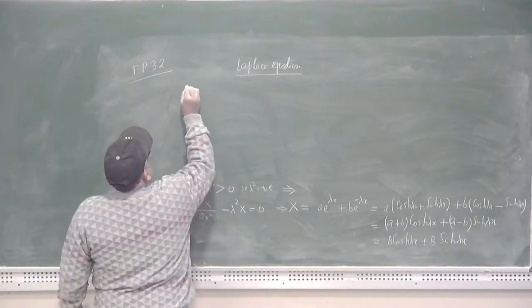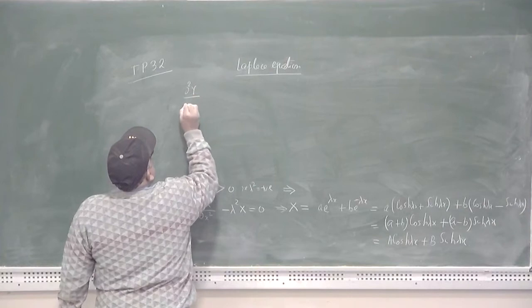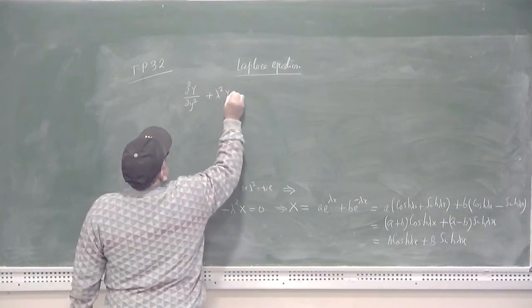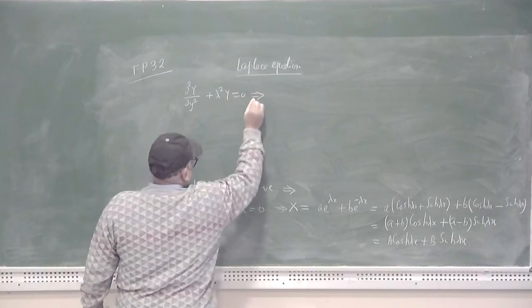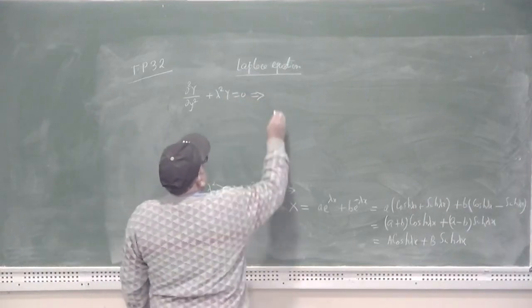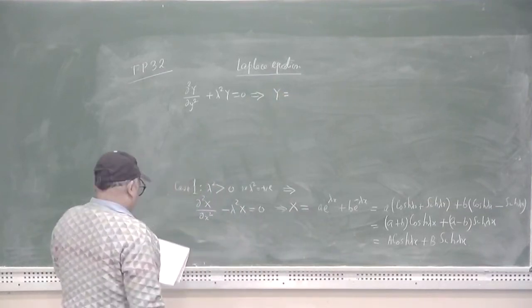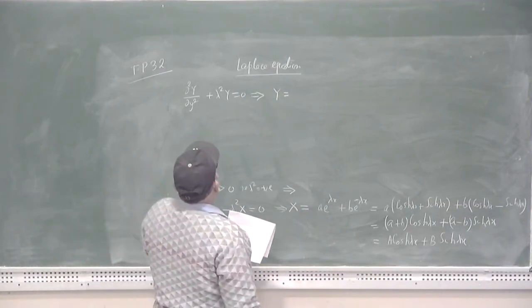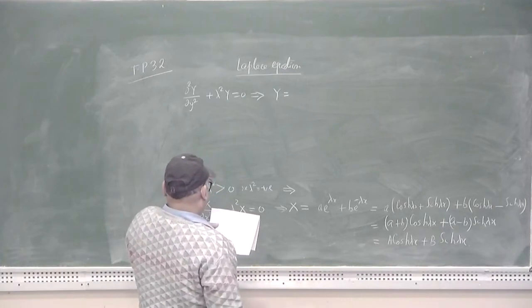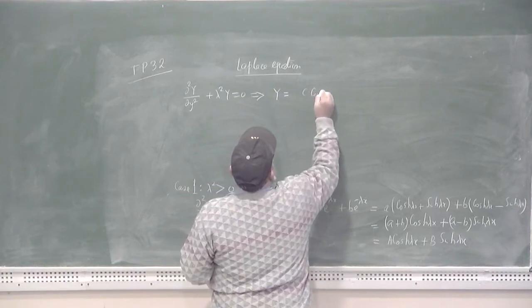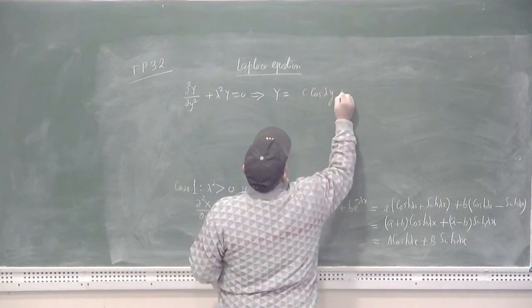So, we can write d2Y by dy2 plus lambda square Y equal to 0, and in this case the solution for Y will come as C cos lambda y plus D sin lambda y.